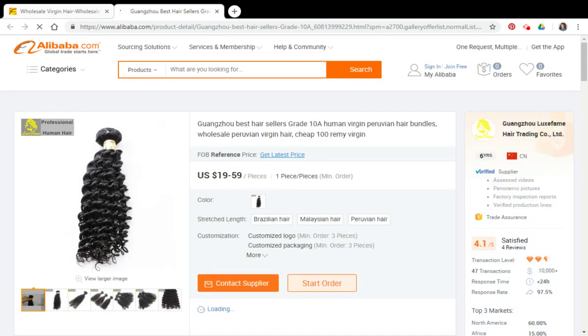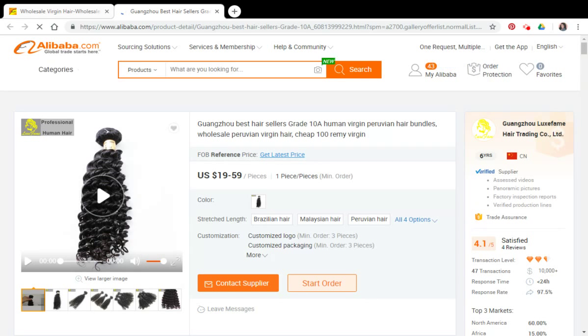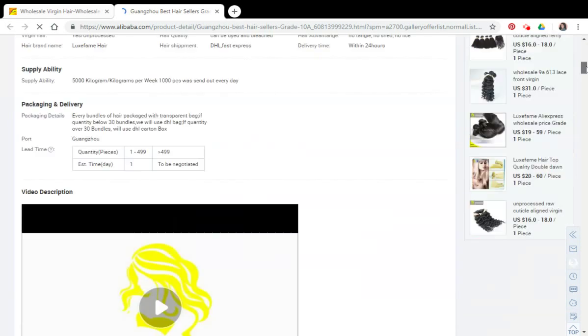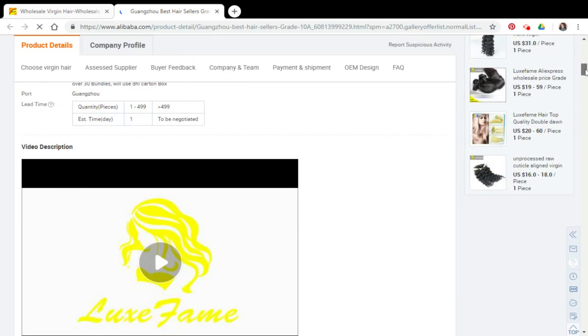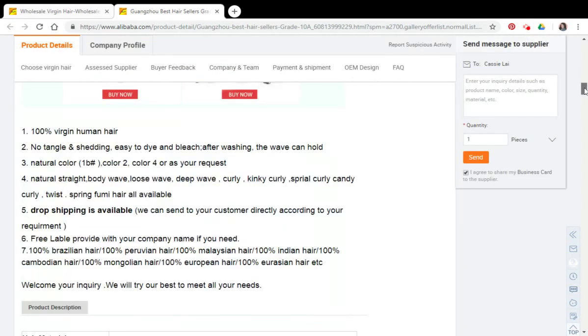Okay, so when I first look at the photos, I want to look at the consistency of the actual pictures and the title and the name. Now, I really want you to focus on finding vendors that don't use a lot of trendy names.